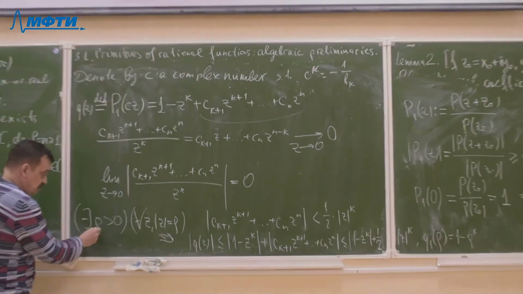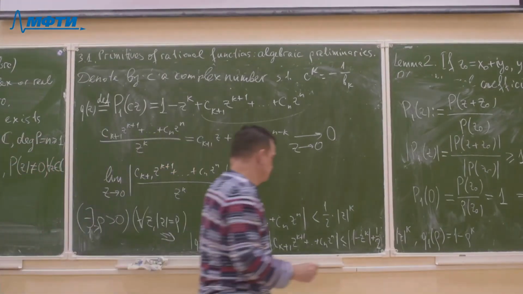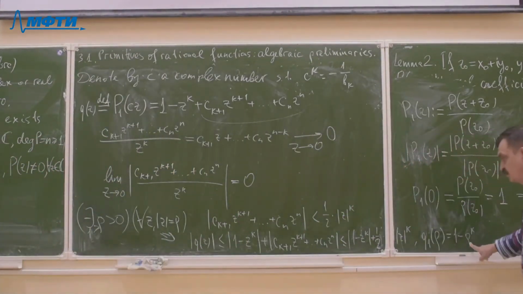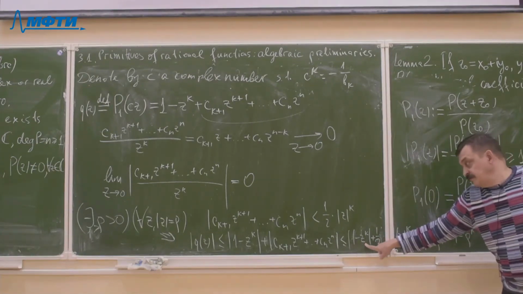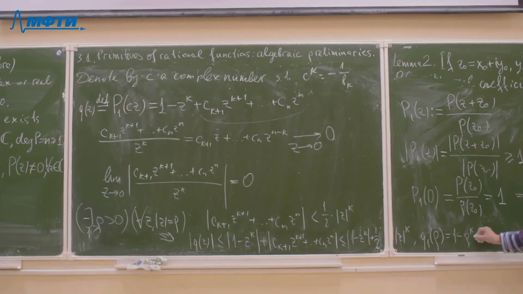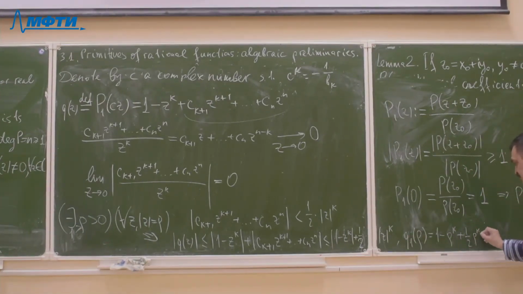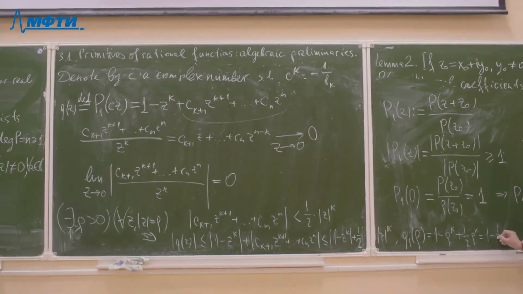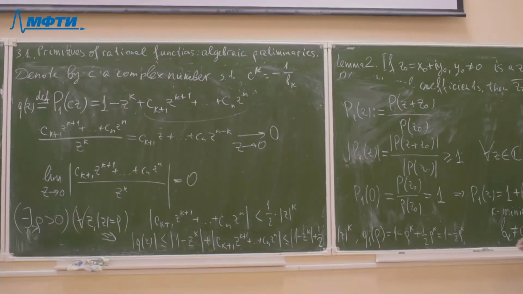So I can take from the beginning rho smaller than 1. So 1 minus rho to the power k, I substituted z equal to rho, rho to the power k less than 1, plus 1/2 times the modulus of z, which is rho to the power k, and what is it? That is 1 minus 1/2 rho to the power k. That is strictly less than 1.